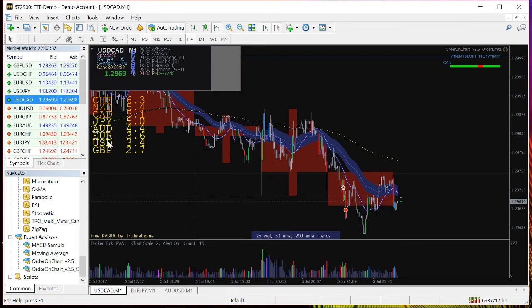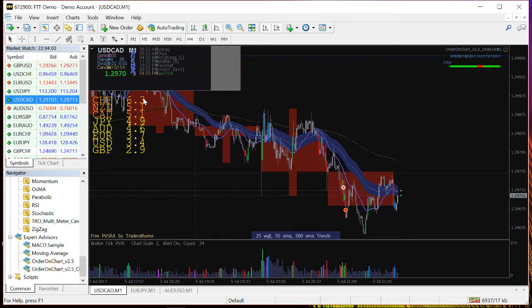And the US dollar was here, the second from the bottom of the list. So I calculated that the distance between these two currencies was big enough. Usually I like to pick the ones that have the greatest distance between each other. So I saw that the distance was great.